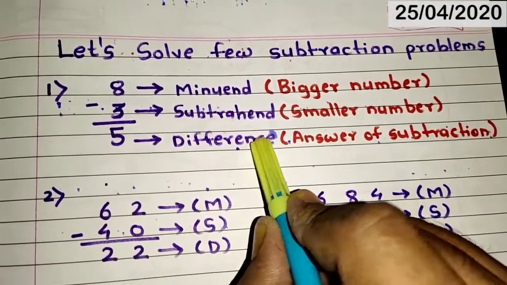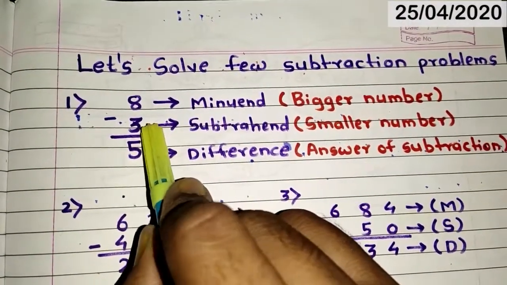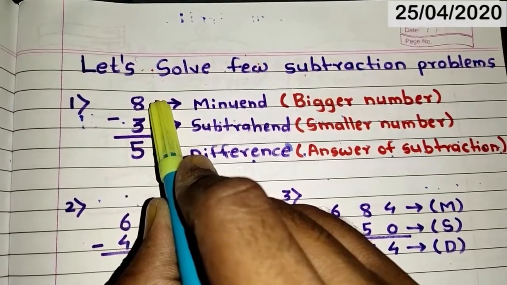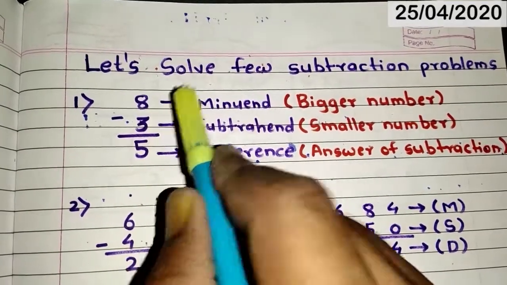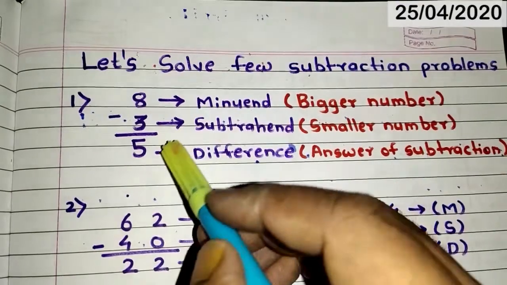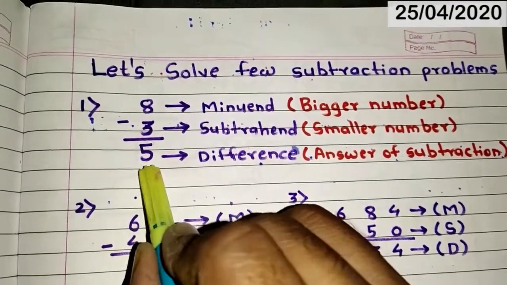So 3 is the smaller number which we need to subtract from the bigger one, the 8. Let's count after 3 till 8: 4, 5, 6, 7, 8. We have 5 fingers, so our difference is 5.